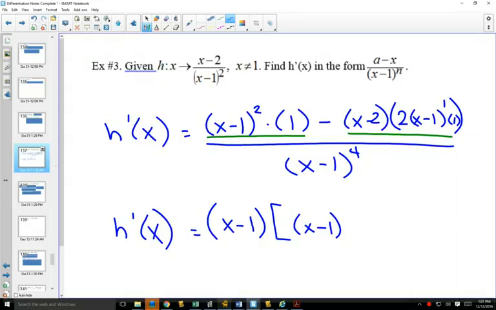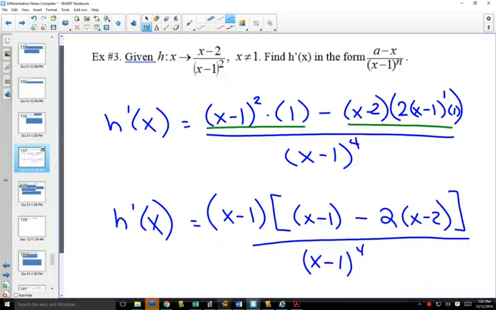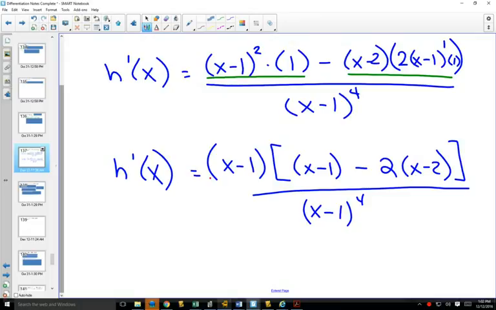There would be one (x minus 1) left. What would be left in my second term? There's still a 2 and an (x minus 2). So factoring that out, well, that also means that one of these (x minus 1)s will cancel with one of these (x minus 1)s on the bottom.